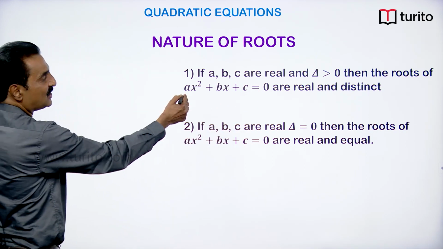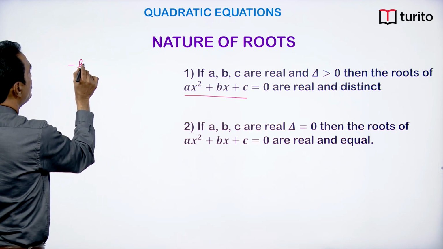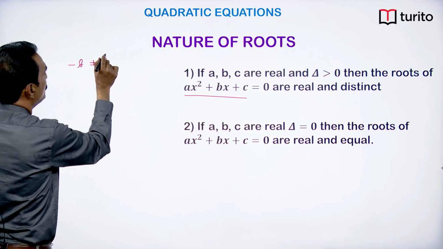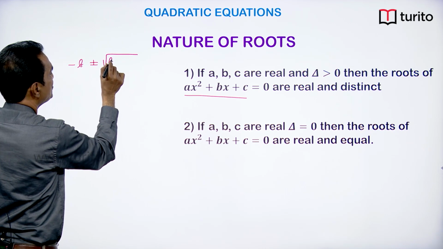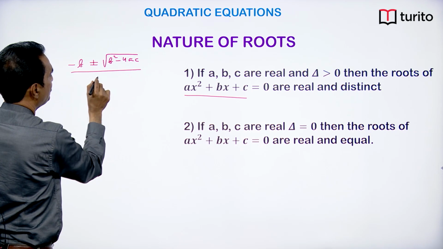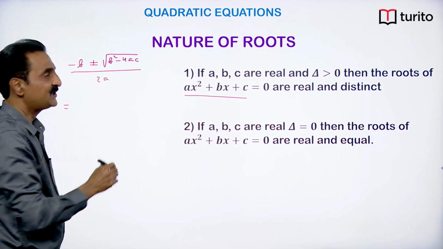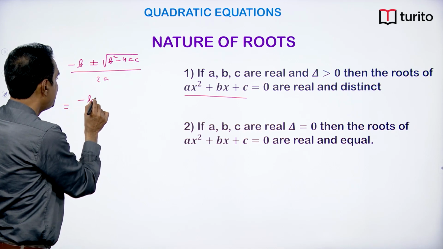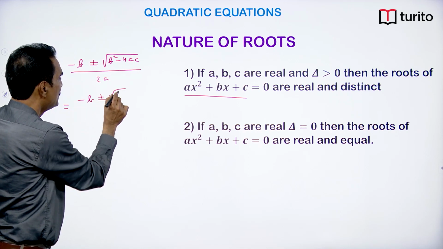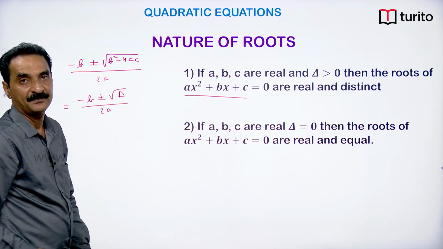We know that the roots of this quadratic equation are minus b plus or minus root over b square minus 4ac by 2a, or if you write b square minus 4ac as delta, minus b plus or minus root delta by 2a.